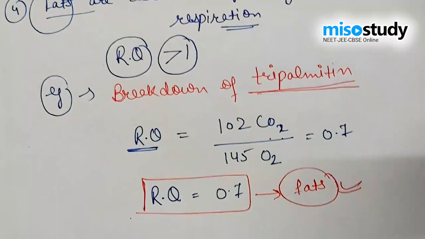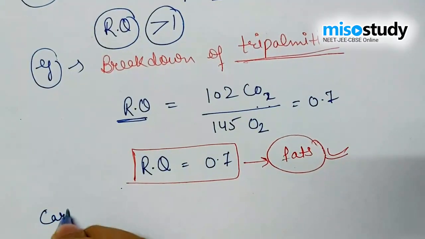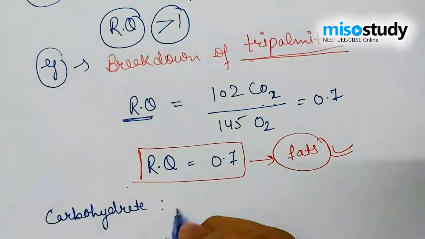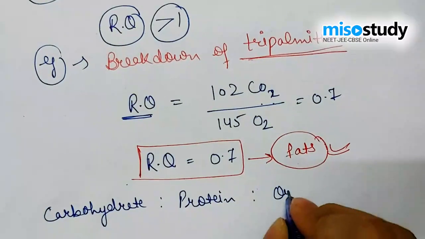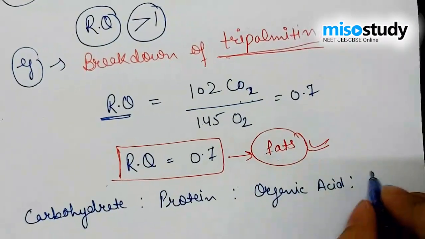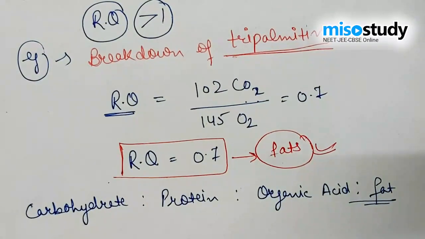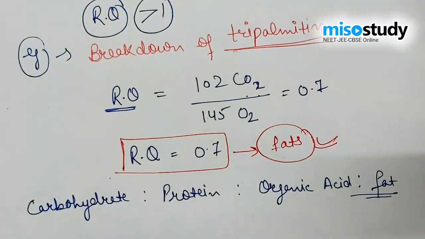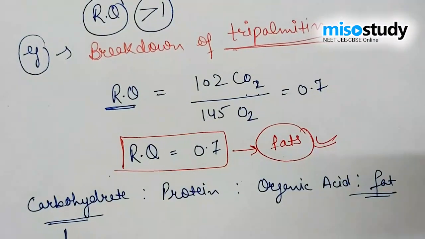So according to the discussion, we mentioned the cases of carbohydrate, protein, organic acid and fat, and we check the value for all of them. In carbohydrate the RQ value is 1.